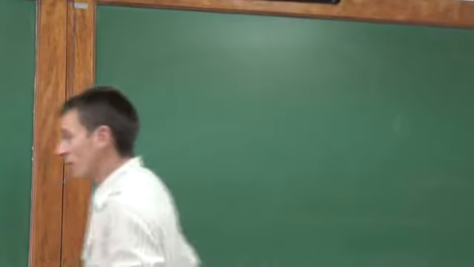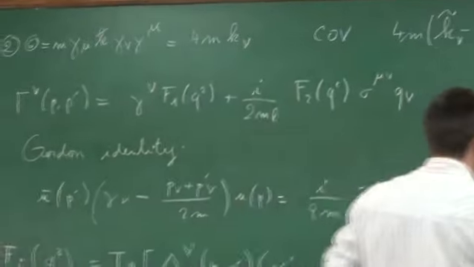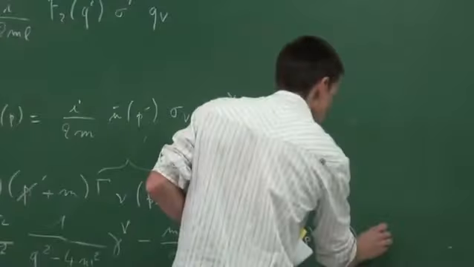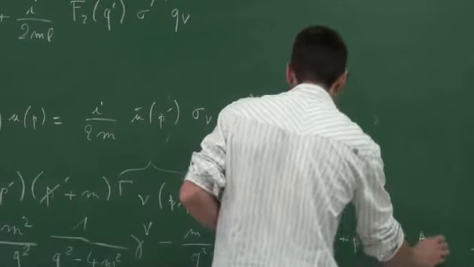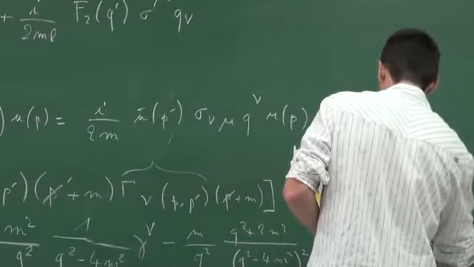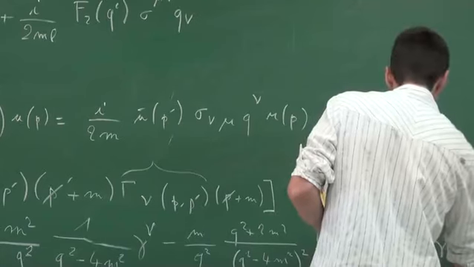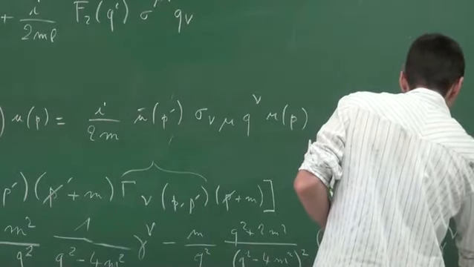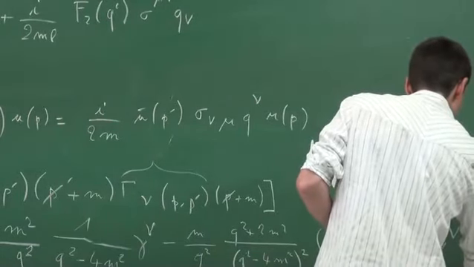So if I write it like this, A times gamma mu plus B times mu plus B by mu.